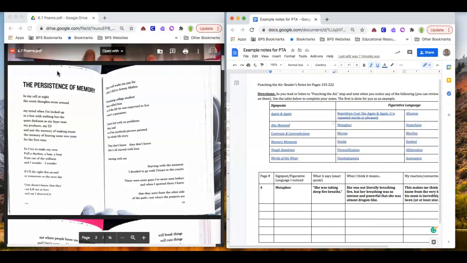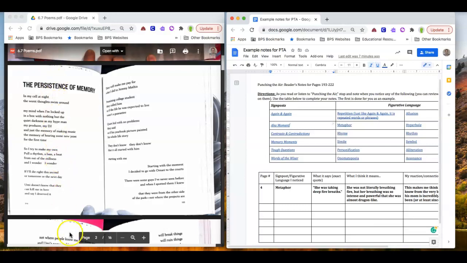And I say I deserved it. They will make me pay for what I did to Jeremy Mathis. Promising college student they called him. As if his life was expected to live wasn't a guarantee. Quiet kid with no problems, they said. And in his yearbook picture painted his whole life story. They don't know that it all started with him, starting with me.